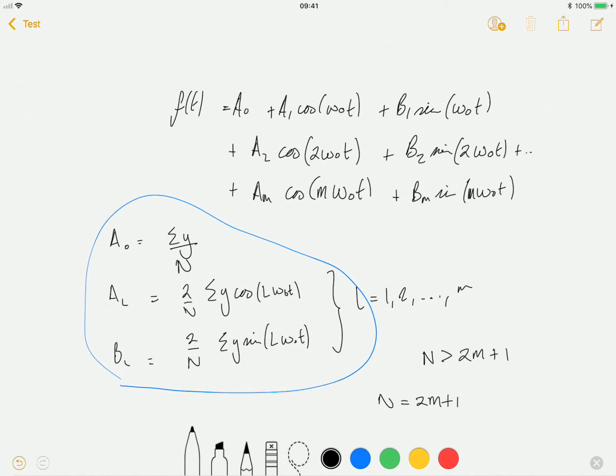The Fourier series arose from the mathematician Fourier, who was studying heat flow problems. And what he showed is that any arbitrary periodic function can be represented by an infinite series of sinusoids of harmonically related frequencies.